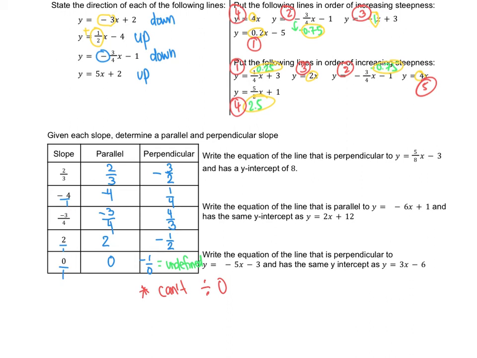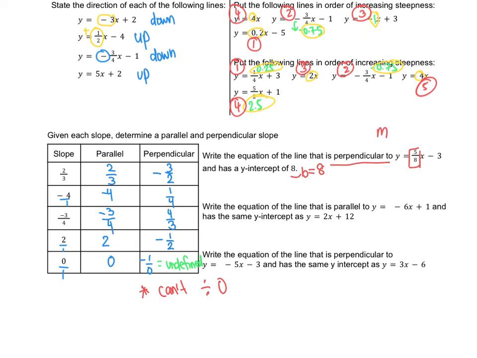All right, let's try a few more examples here. We want to write the equation of the line that is perpendicular to this equation and has a y-intercept of 8. Okay, well, that y-intercept of 8, that means b is equal to 8. Now, for the slope part, they said perpendicular, so the original slope here is 5/8.